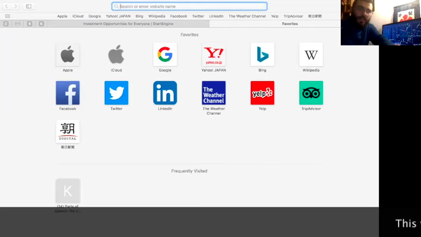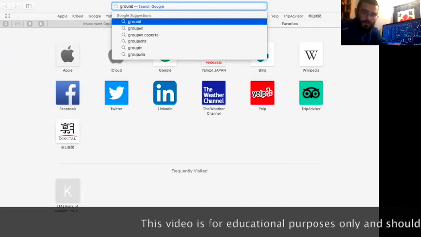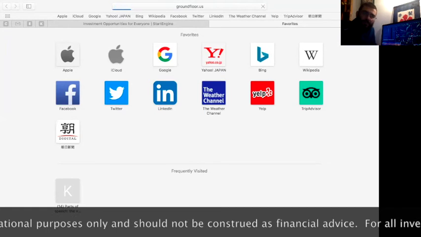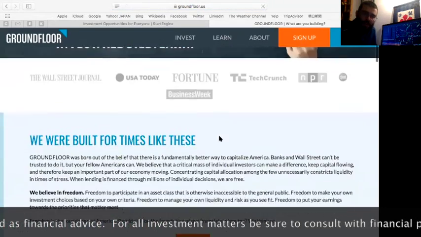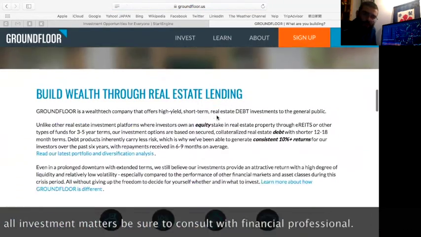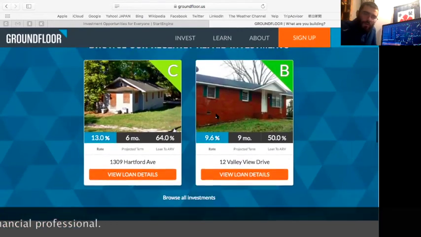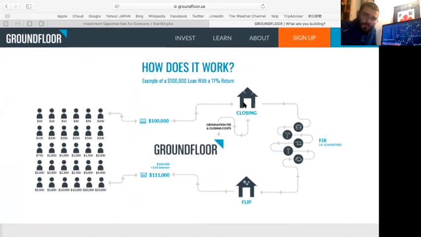If we took a look at Ground Floor, this is my other startup investment. They are a company that works in loans on residential property projects. Their retail members lend money through the platform to property developers who fix homes, flip them, and pay back a contracted rate of return.